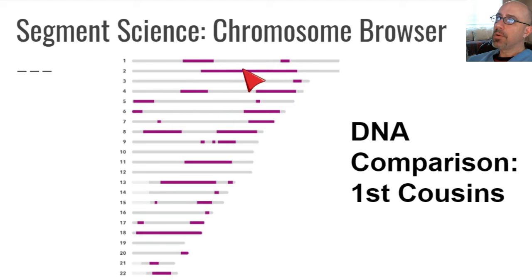These purple segments represent sections of chromosomes that are identical. These two first cousins have identical sections of chromosomes as a result of inheriting DNA from their shared grandparents.